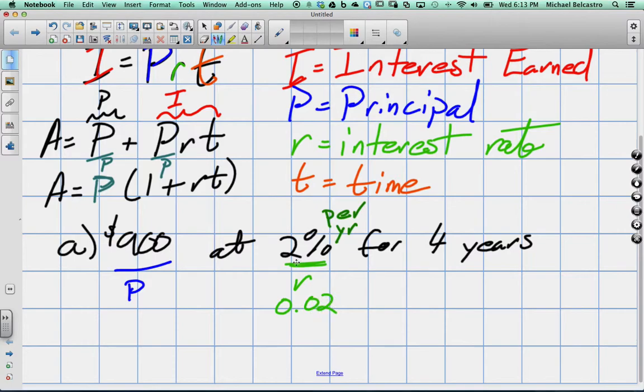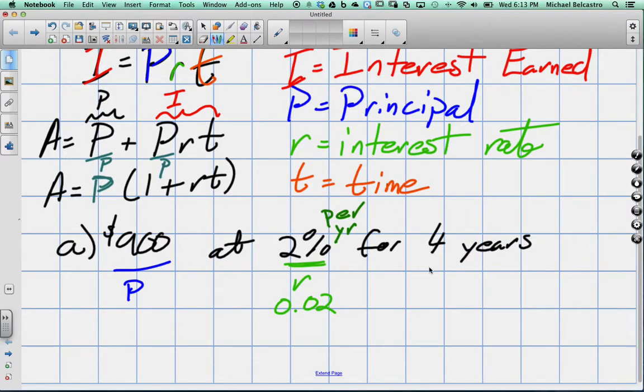We don't keep it as its percentage. And the amount of time that's passed is 4 years. So this is our T. This is our PRT, which makes it really easy for us to calculate our I, our interest earned. And this is more than enough information to solve everything.